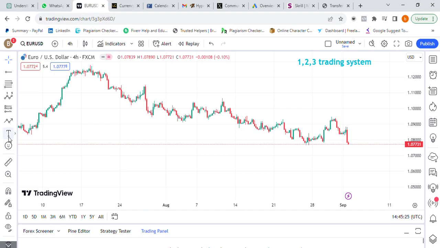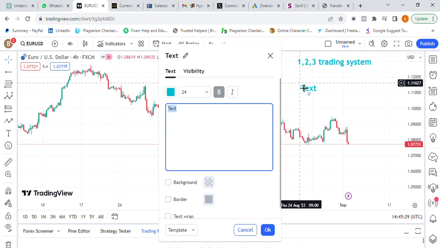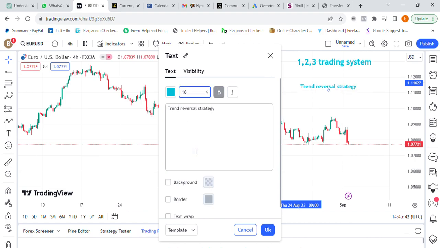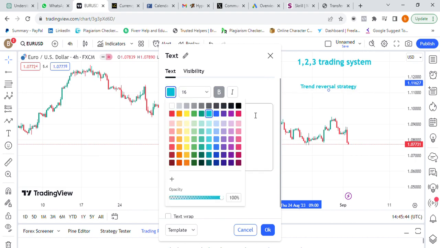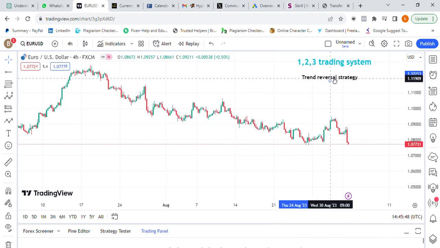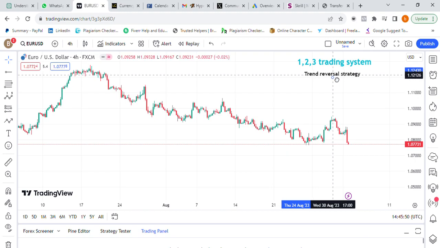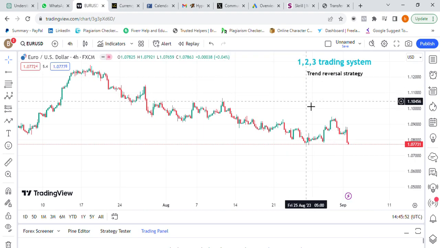It's a trend reversal strategy. The trend reversal strategy, the 1-2-3 system.